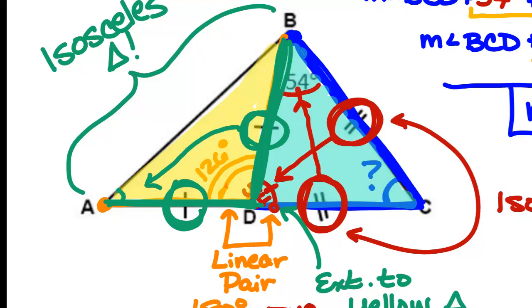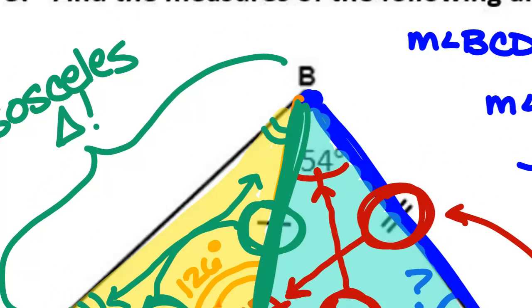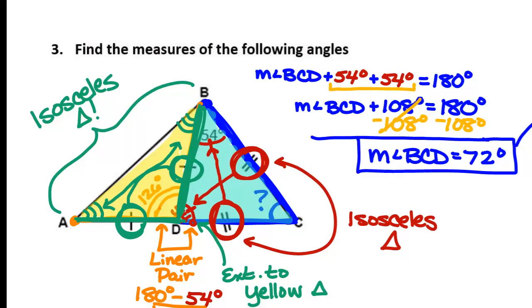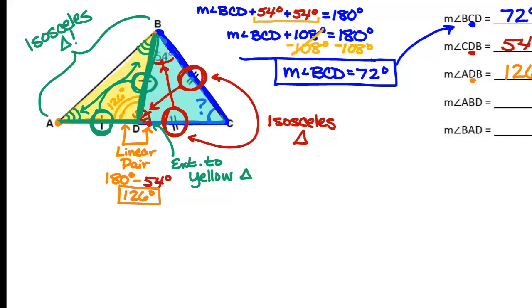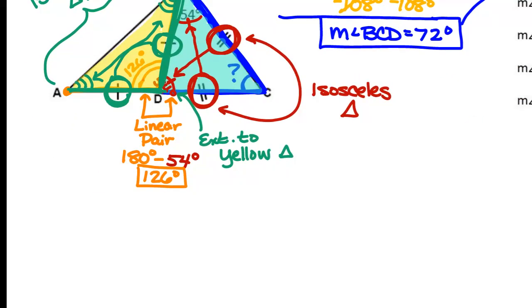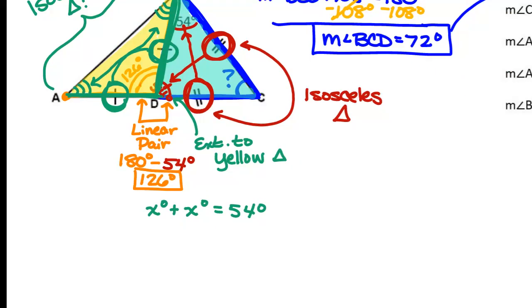This angle down here, angle A, because that is opposite side BD. And this angle up here, angle ABD, because it is opposite side AD. So those two angles are congruent. Since I don't know how big they are, I'm going to call them both x. So I would have x degrees plus x degrees equals 54 degrees.